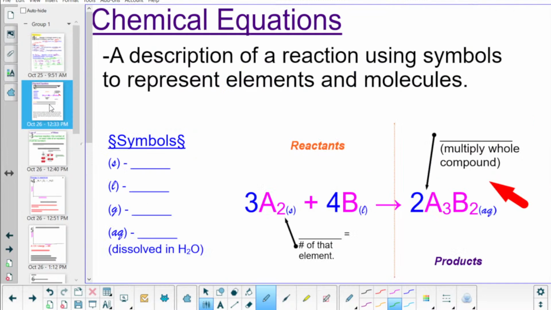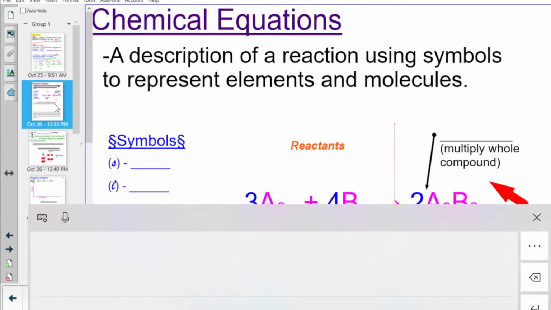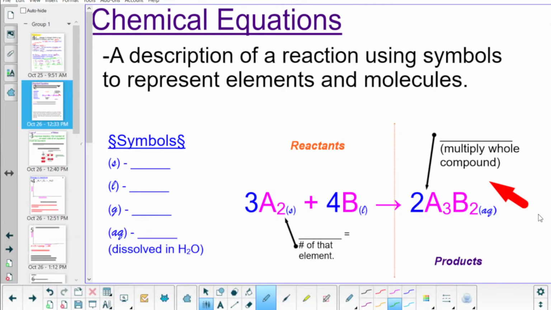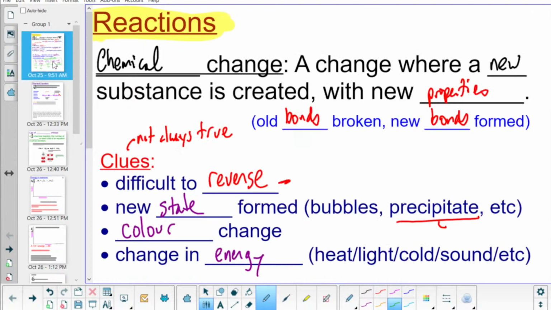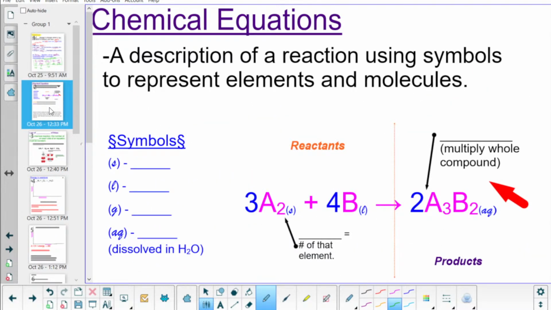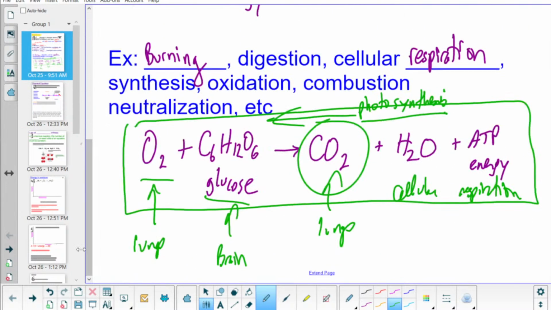Okay, how to write an equation. I'm assuming this part is completely review, but I want to make sure we do it. Hold on, did I do everything on this page? I am missing a page.